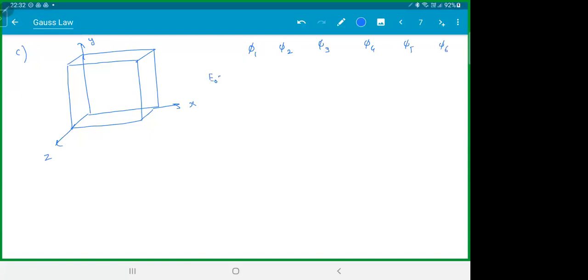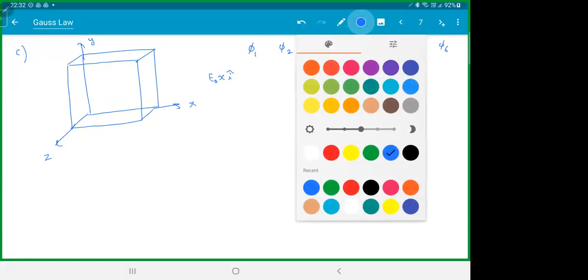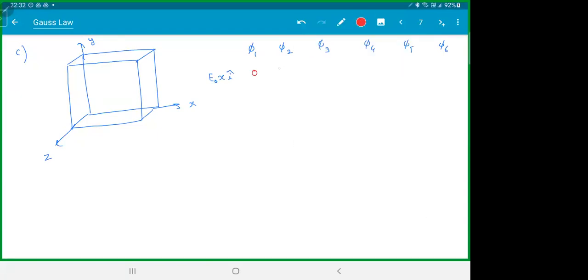So if you take due to E naught x I cap, this guy is 0. This guy is E naught A cube, 0, 0, 0, 0. If you take E naught y j cap, so the y coordinate is 0 only on 4, and 1, 2, 6, 5 will be perpendicular. So 0, 0, E naught A cube, 0, 0, 0. Is this making sense?